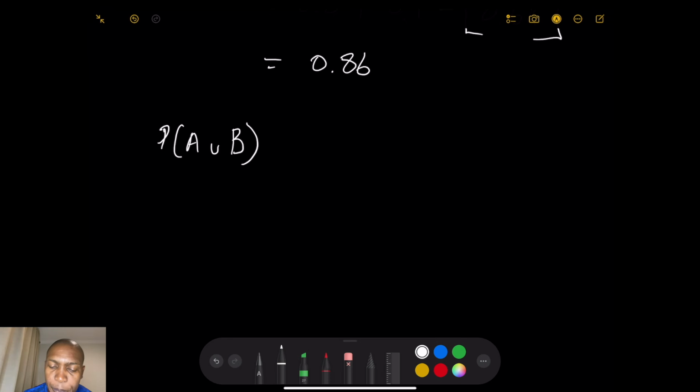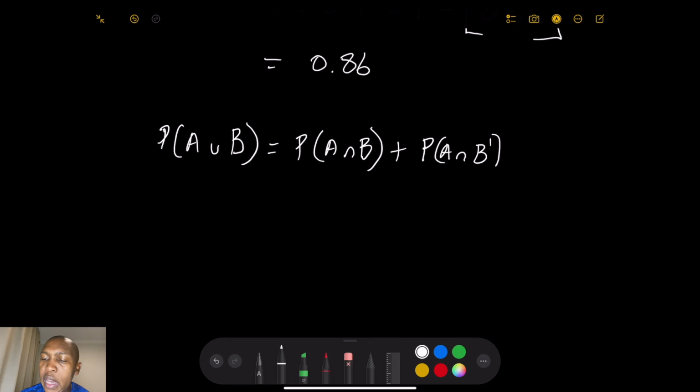So in this case, what we can say is that would be equal to the probability of A and B plus the probability of, now we said A, that is it rains on Saturday and it does not rain on Sunday, plus the probability that it does not rain on Saturday, but rains on Sunday.